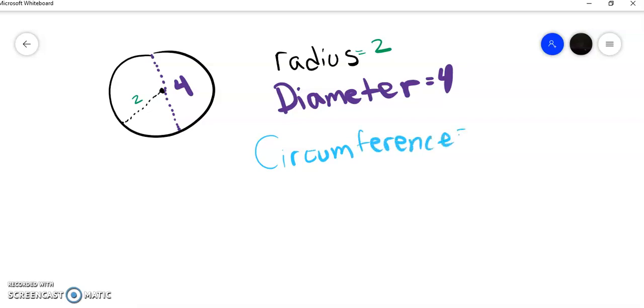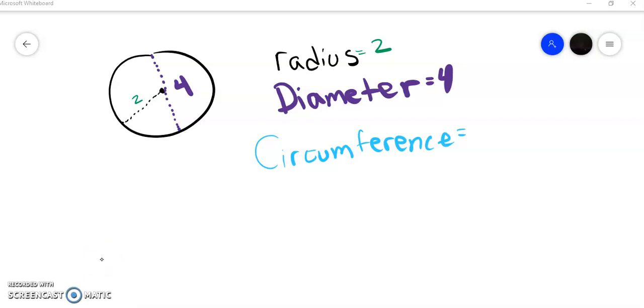C-I-R-C-U-M-F-E-R-E-N-C-E. Really long word. We talked about pizza, and the circumference is like the crust of the pizza, which means the outside edge.